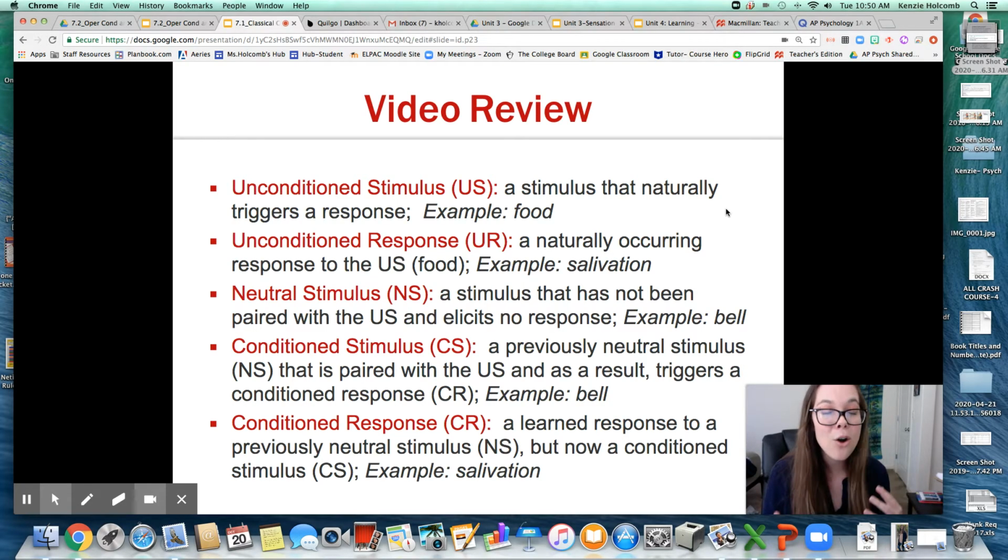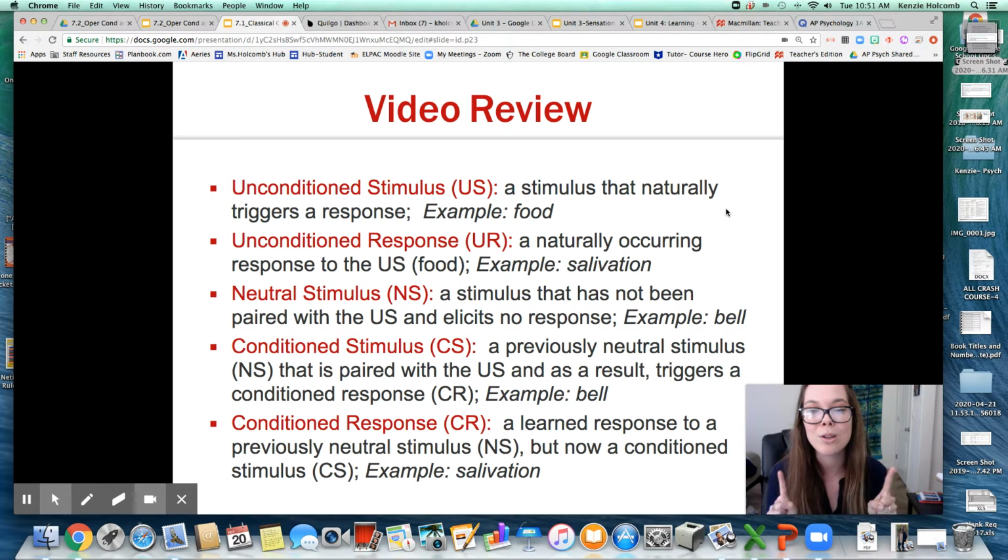So this is how dogs or pets start to associate certain behaviors in your house. Again, the conditioned stimulus is now the bell, because the bell is eliciting the conditioned response, the salivation. We no longer need the food, so the unconditioned stimulus is no longer there.